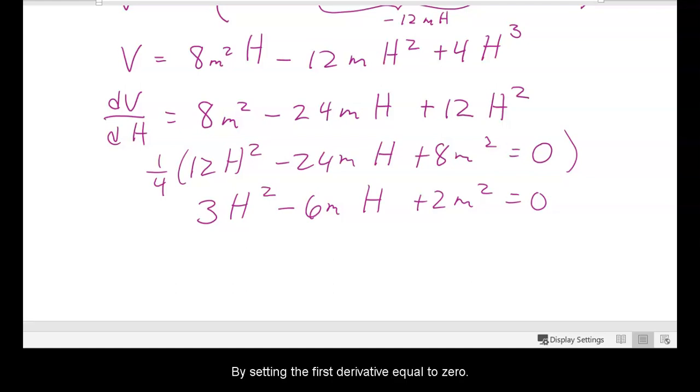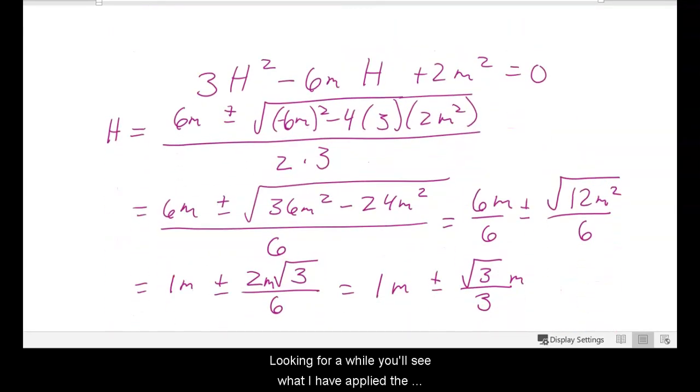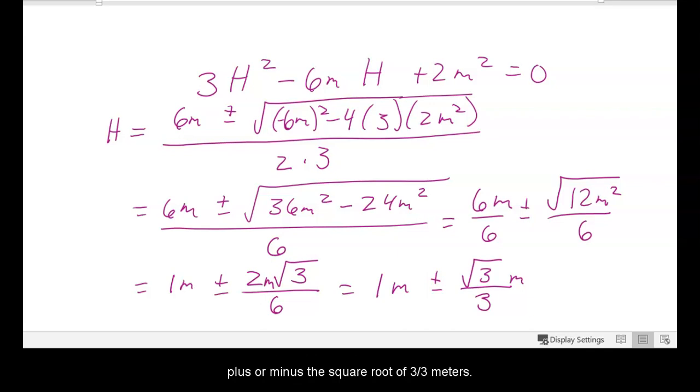By setting the first derivative equal to 0, then dividing everything by 4, I was able to simplify the quadratic equation so that I could then apply the quadratic formula. Looking below, you'll see where I have applied the quadratic formula and come up with one critical value, 1 meter plus or minus the square root of 3 over 3 meters.